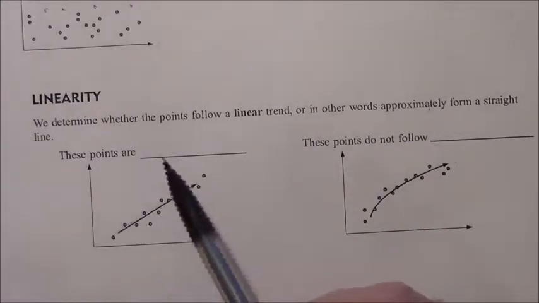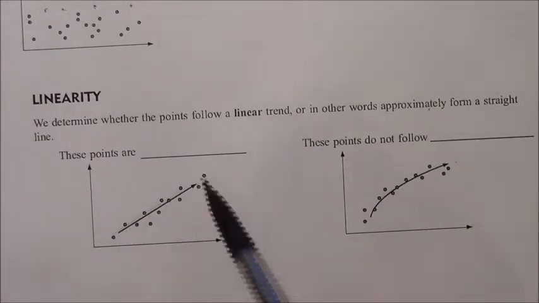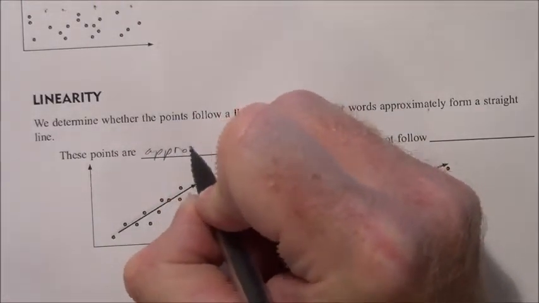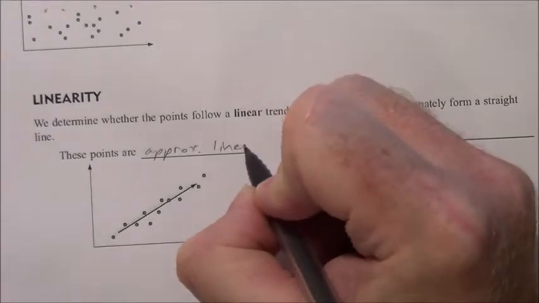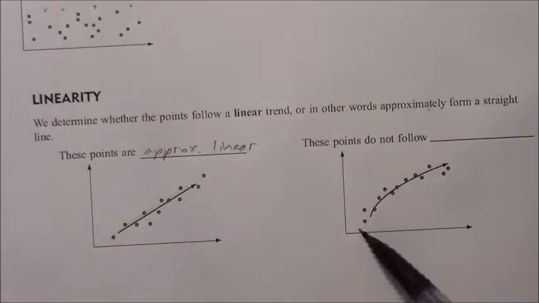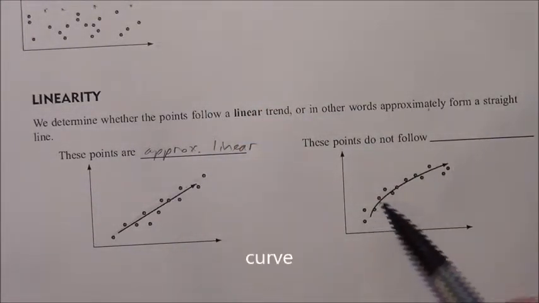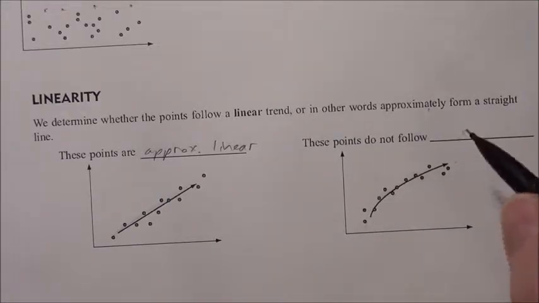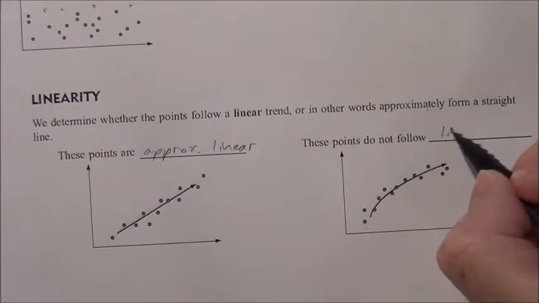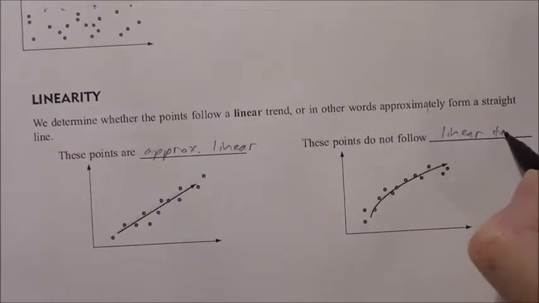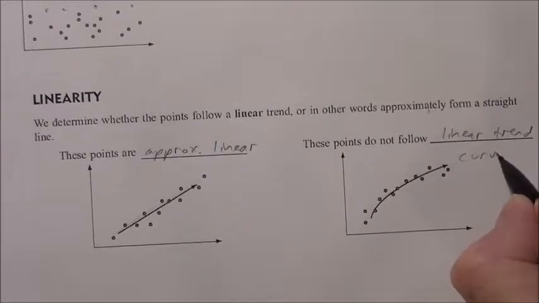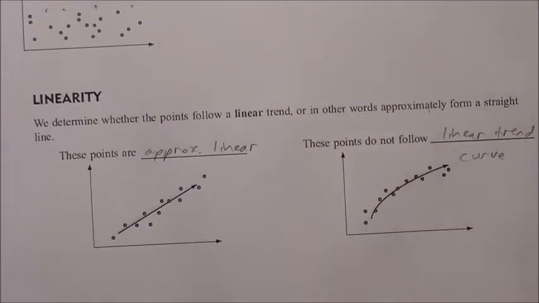Okay, so these points you can sort of see that they would be approximately linear, and for these ones, now the line's already there, but you could see that there is a bit of a curve. So they do not follow a linear trend, but it's more of a curve. Okay, that could be like a curve of best fit.